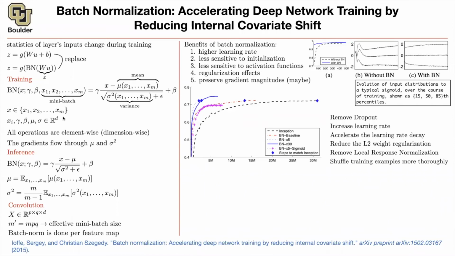So each output neuron has its own beta and its own gamma as well. Yes, but these are vectorized. This is a vector of the same size as B. So yes, beta is acting in the role of B, because as you subtract the mean, B is going to disappear.